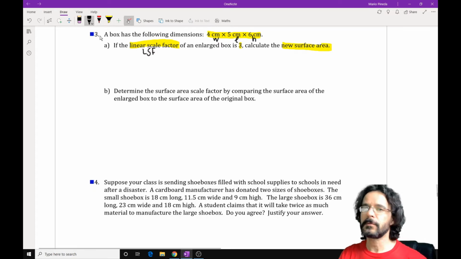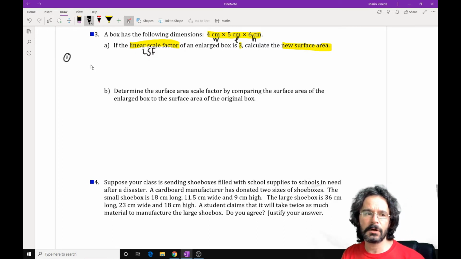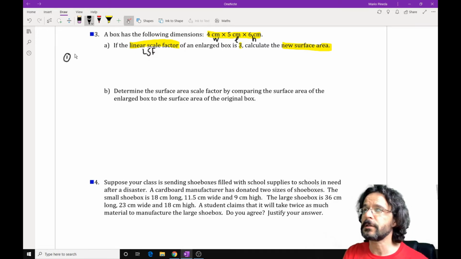So here what we're going to do is first determine the dimensions of the enlarged box.